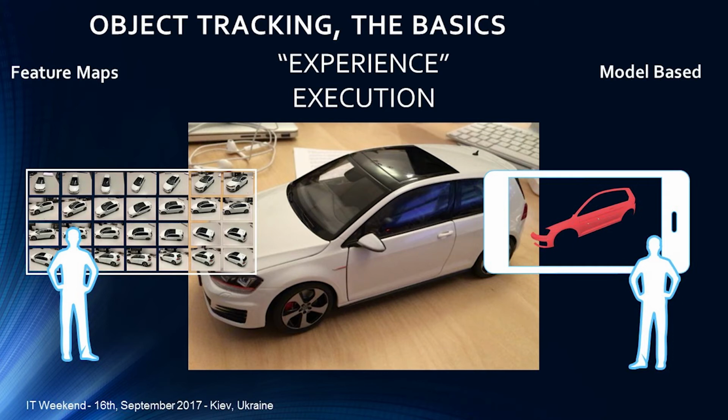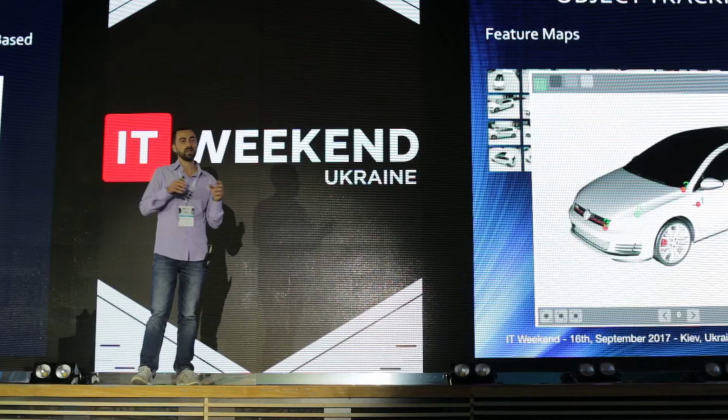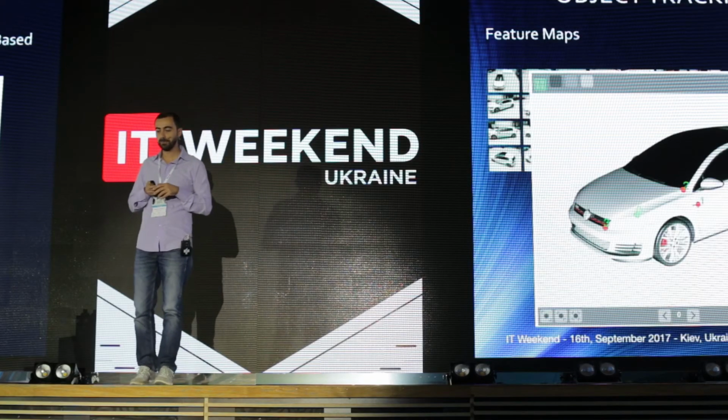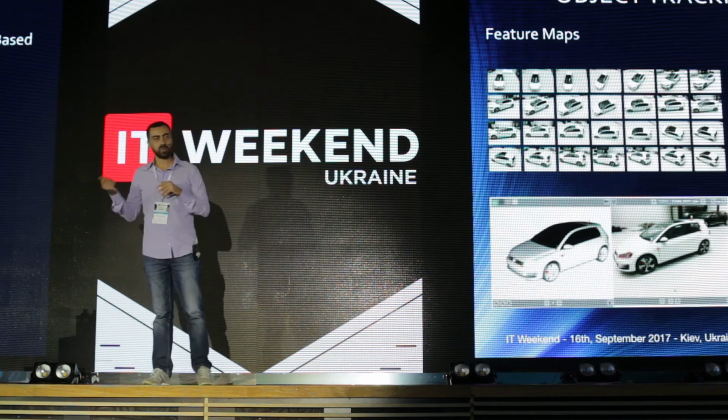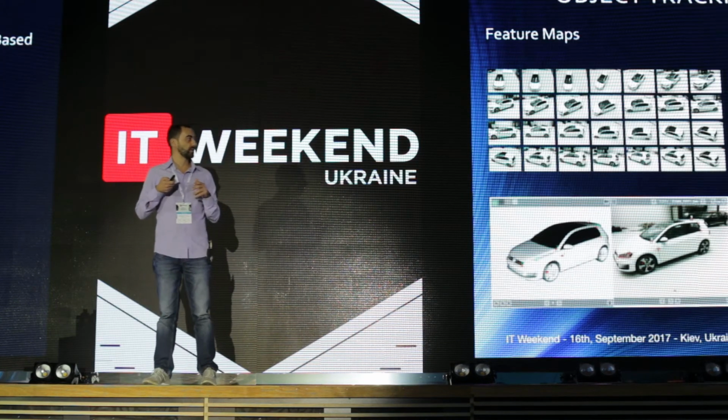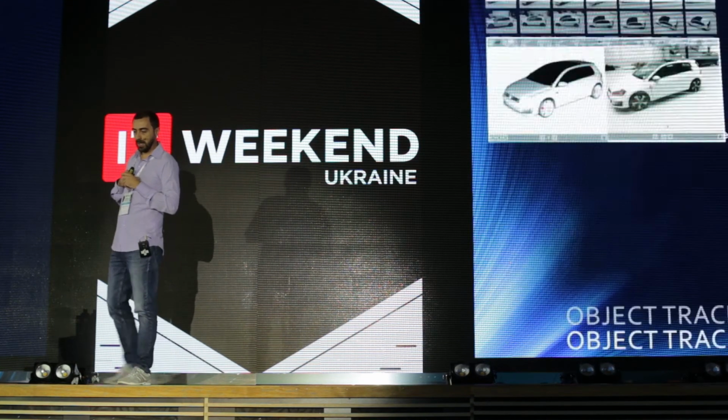And this, as we will see next, allows you to place the content correctly with respect to the 3D model, and then when you will use the experience, you will see the content exactly in that position, but with respect to the real object. Whereas the model-based method actually doesn't require any other step.